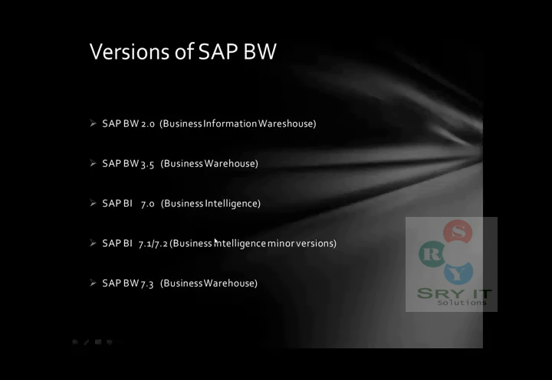But after the 7.2 version, before releasing 7.3, SAP purchased the Business Objects company. Business Objects is an independent company which developed reporting tools to support reporting based on different kinds of systems, and they got a very good market presence in that phase.